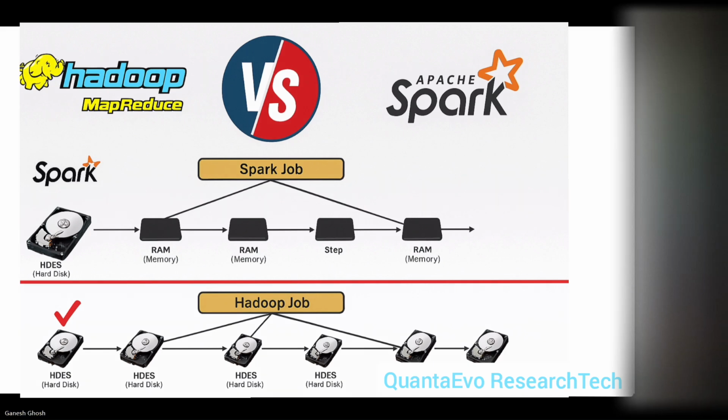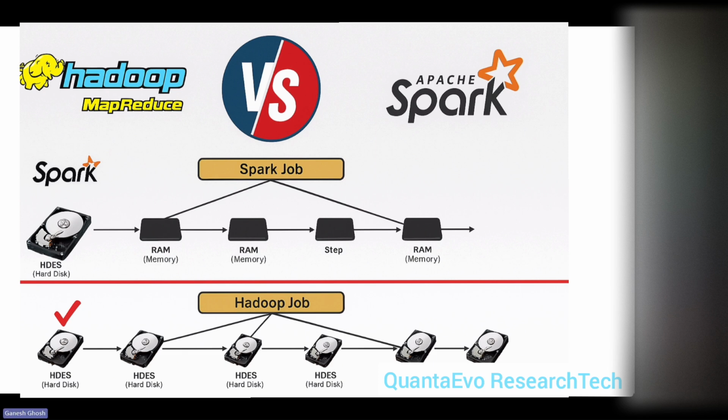Previously in Hadoop, we were reading from disk, passing the data into RAM, and writing it back to the disk. Then for the next process, we again read it from the disk and write it back to the disk after passing through RAM. But currently in Spark, we read it one time and pass the whole thing through RAM itself.